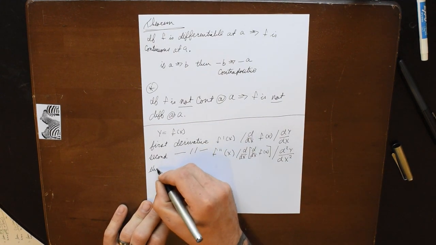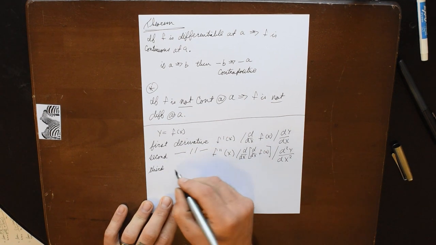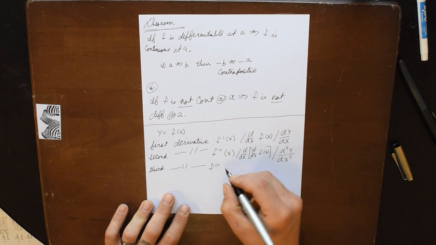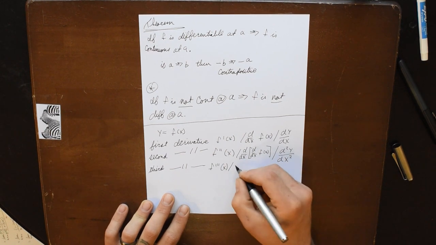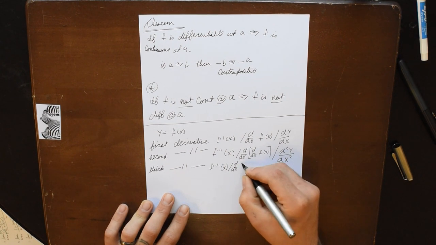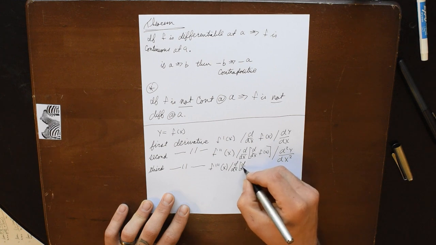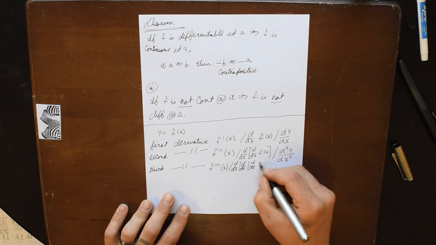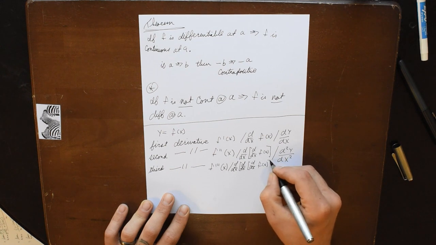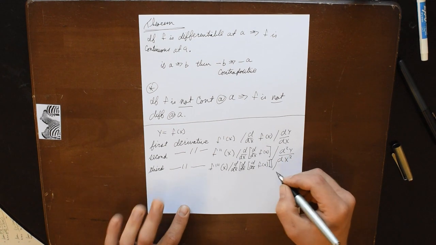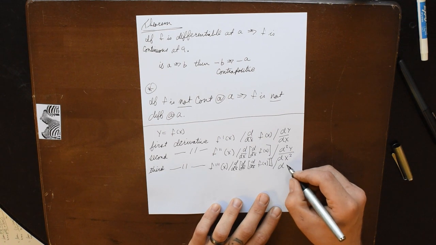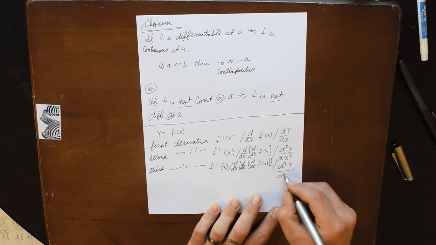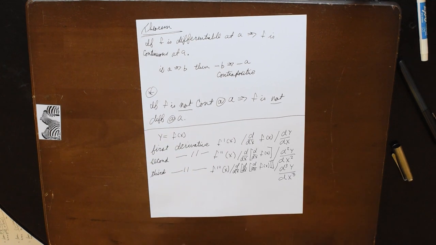Our third derivative follows the pattern. F triple prime of x is the derivative with regards to x of the derivative with regards to x of the derivative with regards to x of f of x, close bracket, and now we would take the third derivative of y with respect to x.